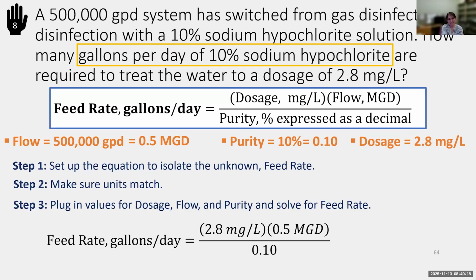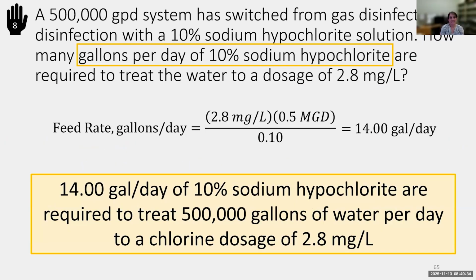So feed rate in gallons per day equals 2.8 milligrams per liter times 0.5 million gallons per day divided by 0.10. We get an answer of 14.00 gallons per day. So what that is saying is 14.00 gallons per day of 10% sodium hypochlorite are required to treat 500,000 gallons of water per day to a chlorine dosage of 2.8 milligrams per liter.